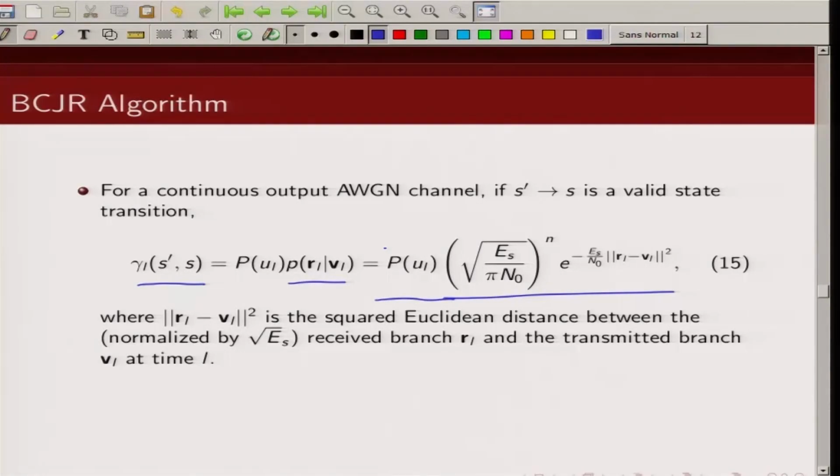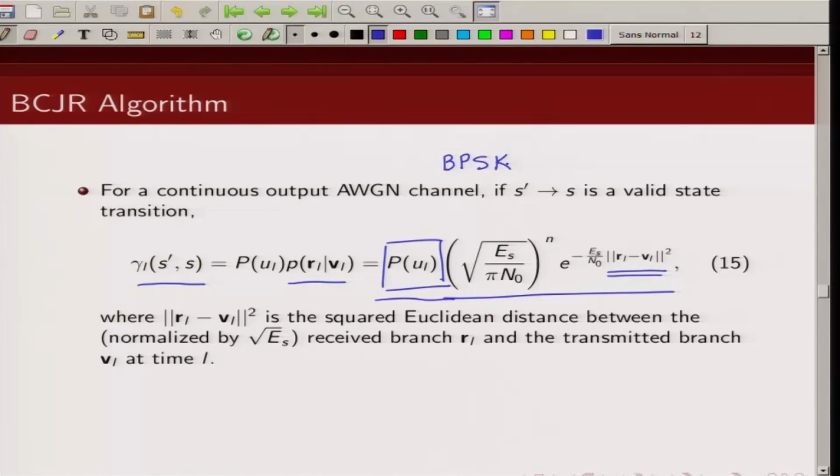So, note this depends on a priori probability of U L, it depends on the Euclidean distance between R L and V L. Now, let us assume that we are considering binary phase shift keying.